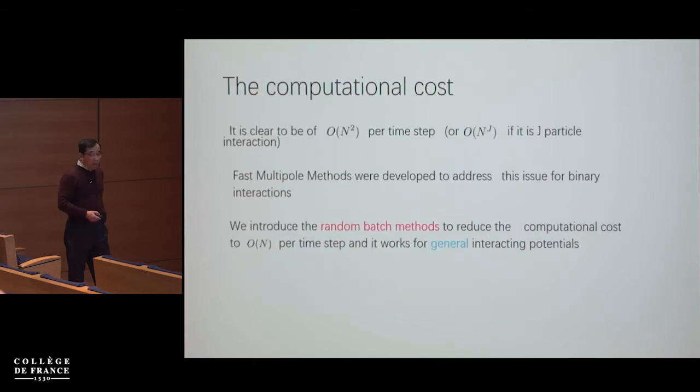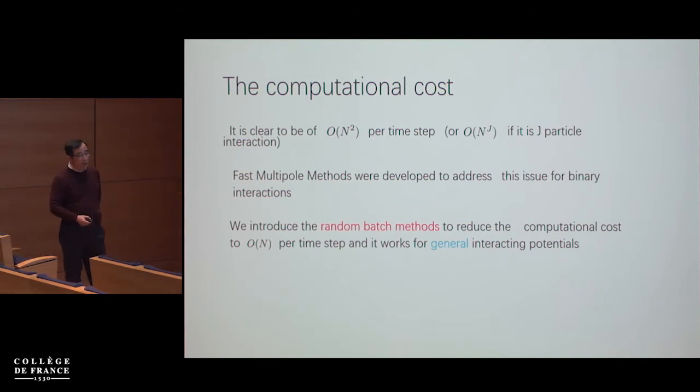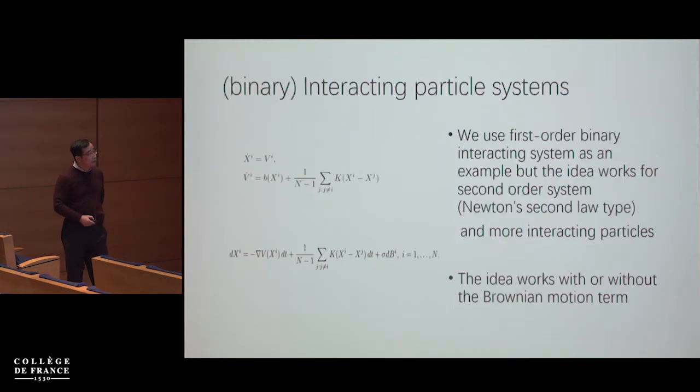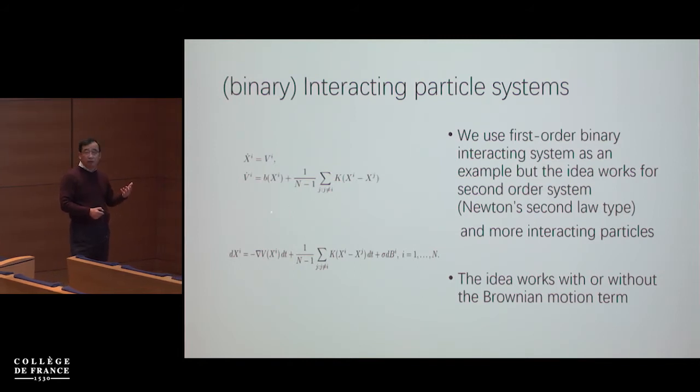All right, so the main question here is that these are dynamical systems, just ODEs. Everyone can solve an ODE. But the hard part is that, as I said, n is very large. Because of this interacting potential, you have an order n summation for each particle, which means for each time step, you have a total of order n squared summation.